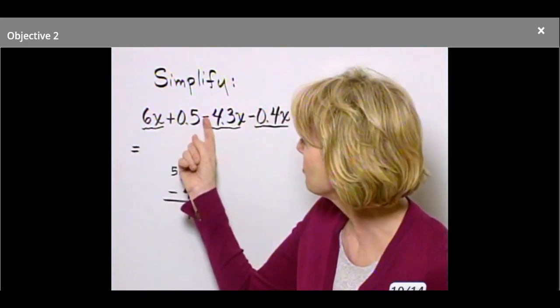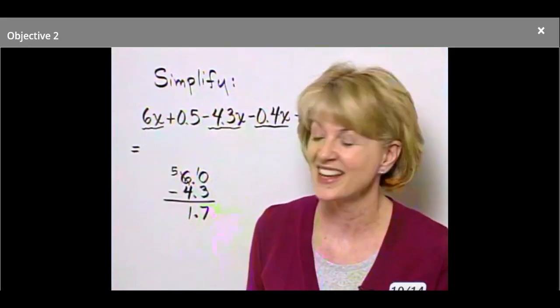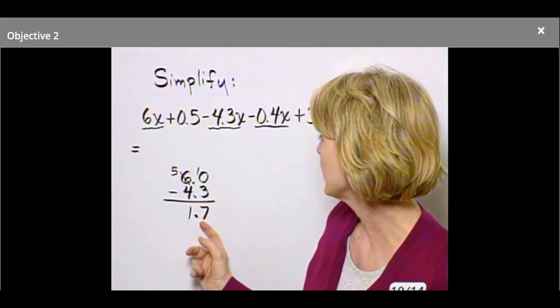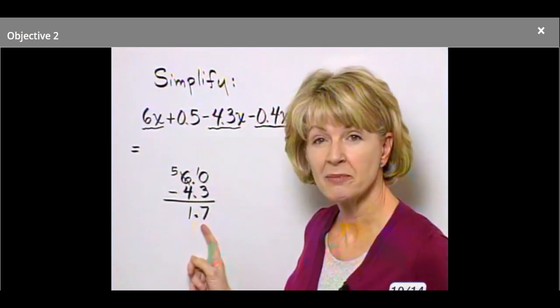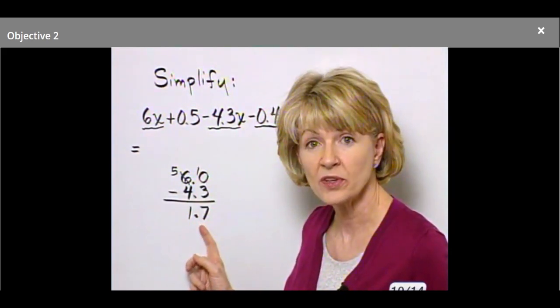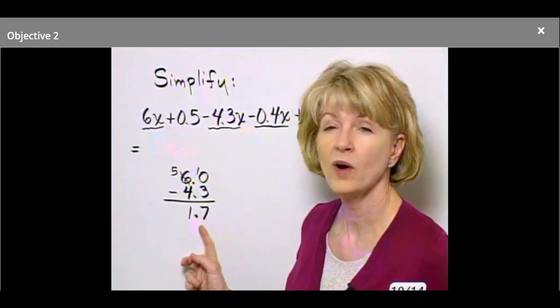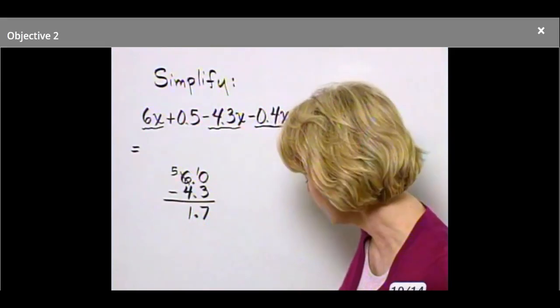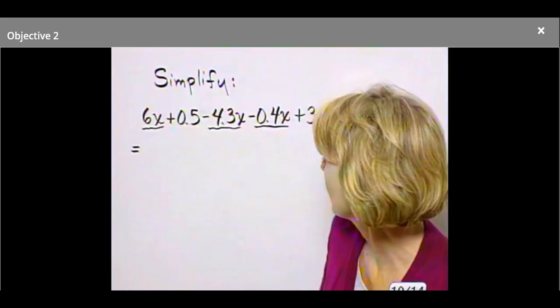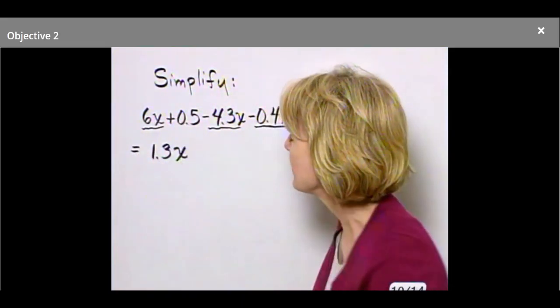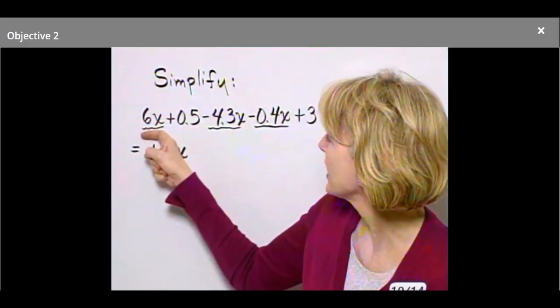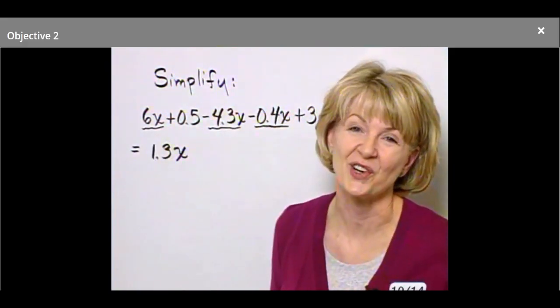So 6 minus 4 3/10 is 1 7/10, and then minus another 4/10. Can you do that mentally? Subtract another 4/10 here, and we'll have 1 3/10. So we have 1 3/10 x. And that is the result of combining these like terms.